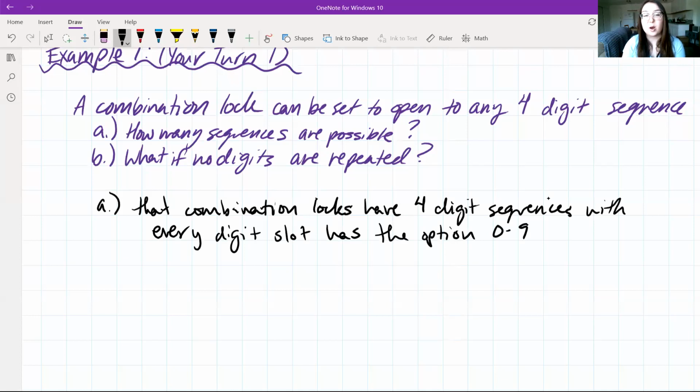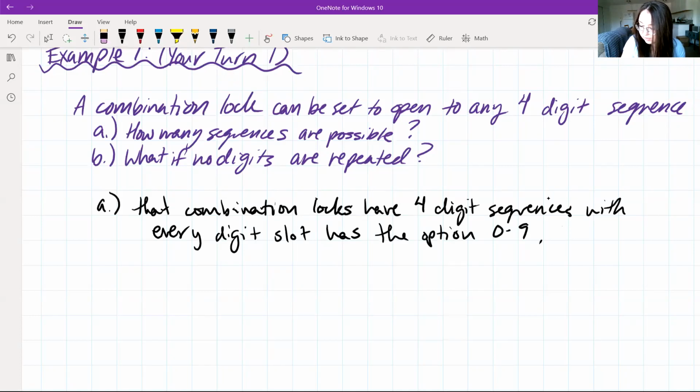So on a combination lock, we have the numbers 0 through 9 that we can choose for every one of our digit slots inside our 4-digit sequence. This means that we have 10 digits to choose from.